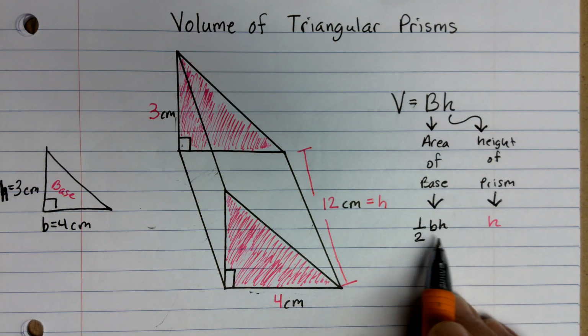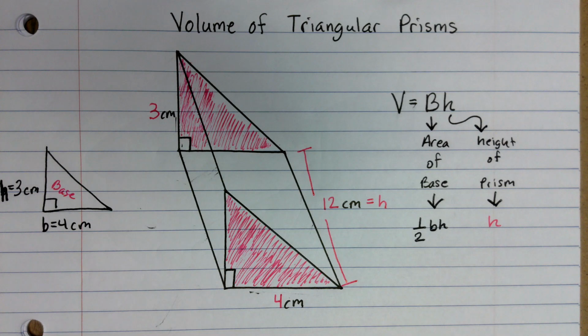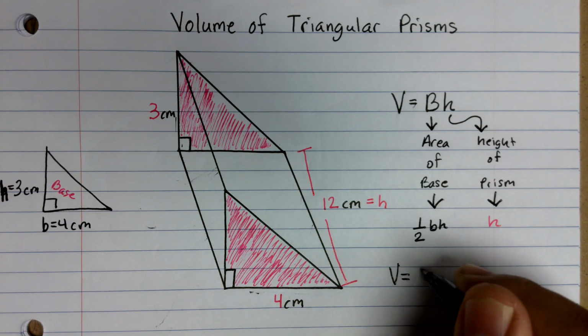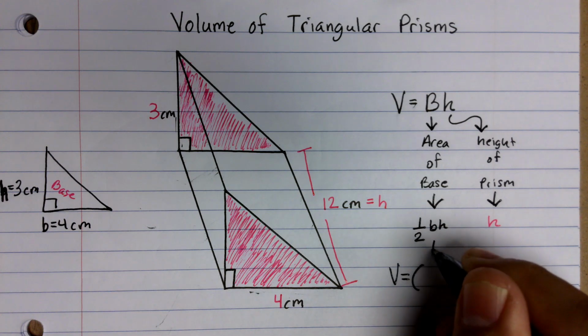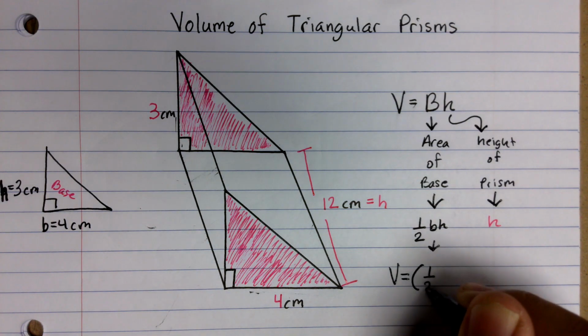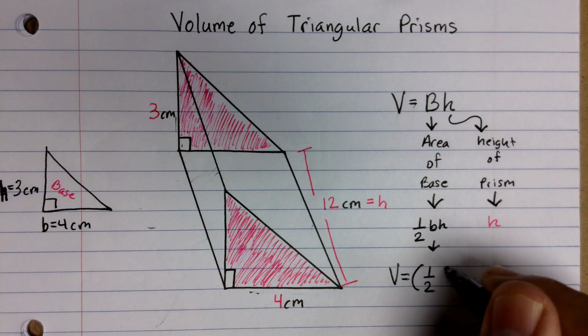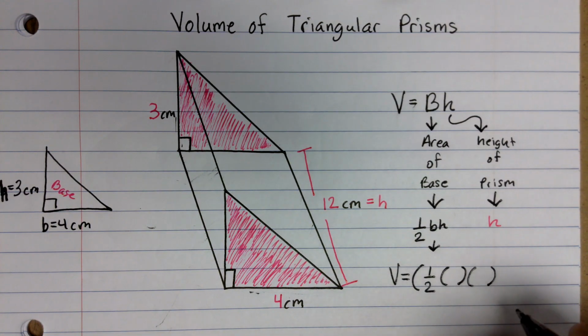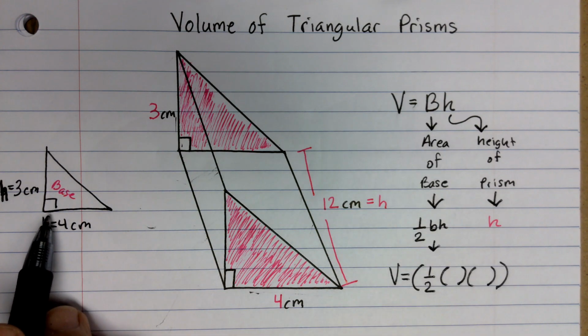So now we're going to use these two formulas, substitute our numbers, and we'll have the volume of this shape. So V is equal to, I'm going to put this first part in parentheses, 1/2 times the base of the triangle times the height of the triangle. And this is all in relation to the base. So I'm looking at the base, right?